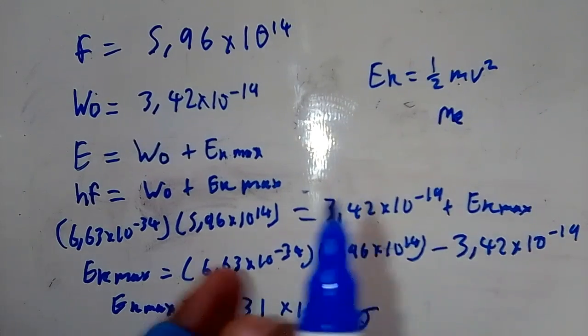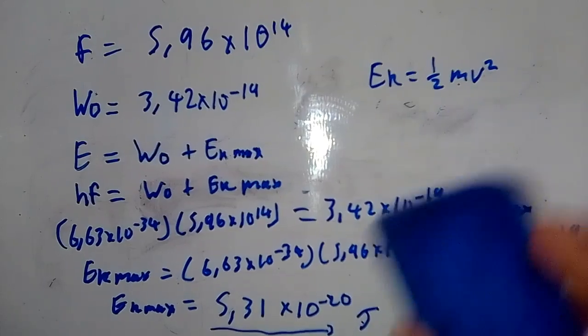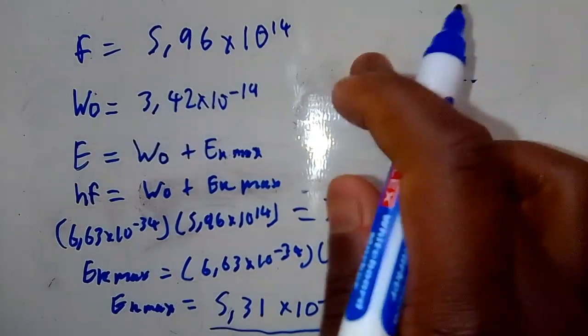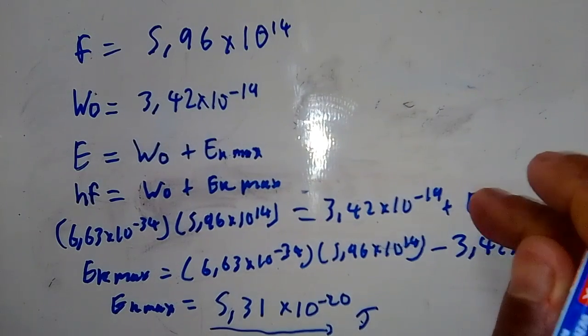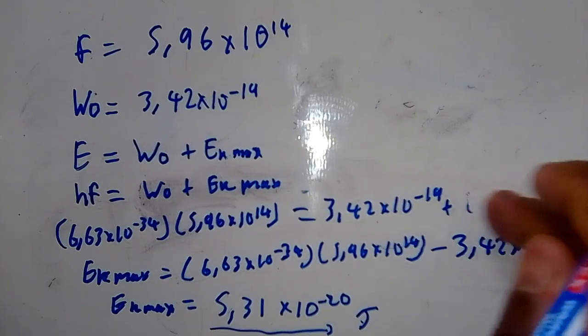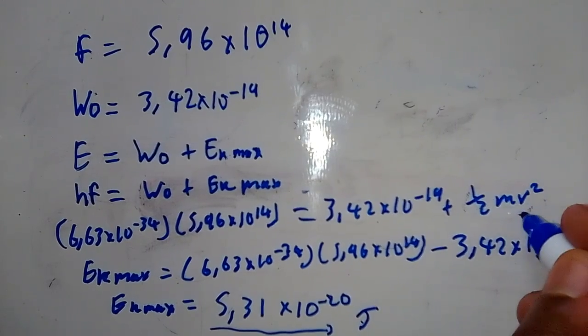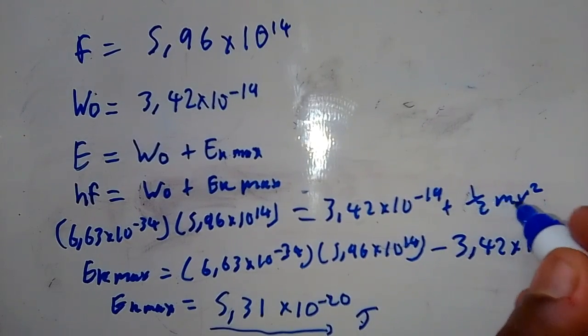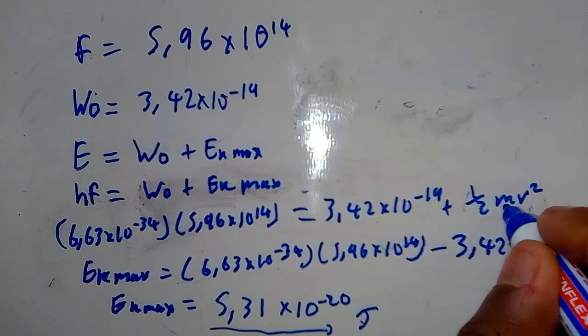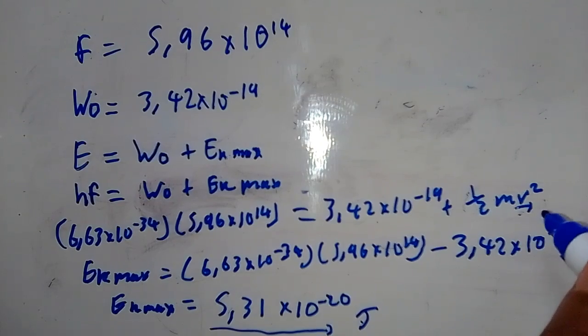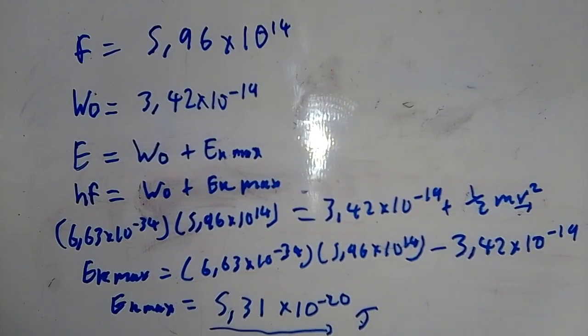Then you can easily get the speed of the electron. Or, in this place we could have written it as half mv squared, and then get the mass of the electron and substitute it here. Then what we'll be solving for will now be v, and when we solve for v, we would have gotten the speed of the electron.